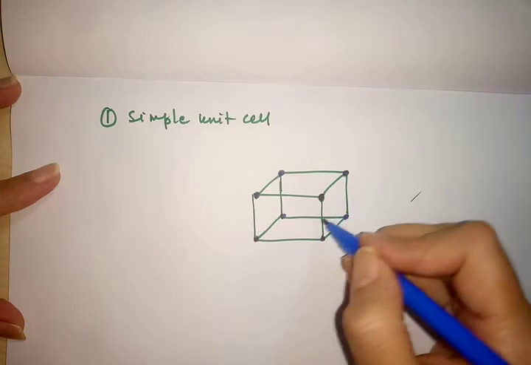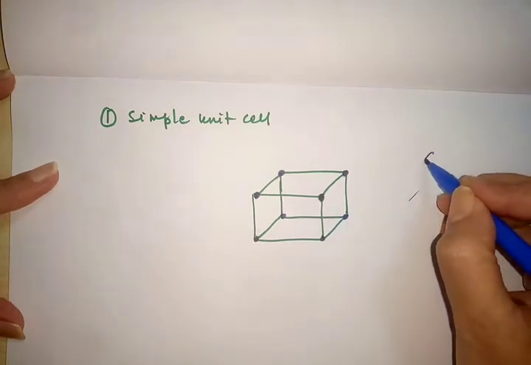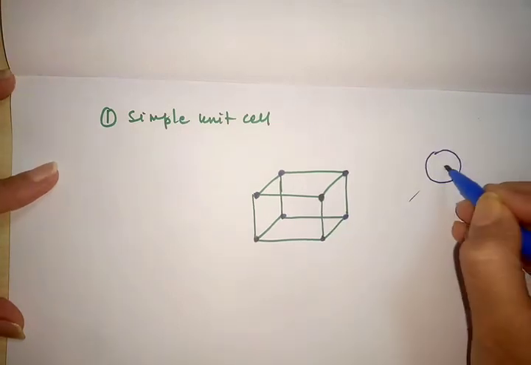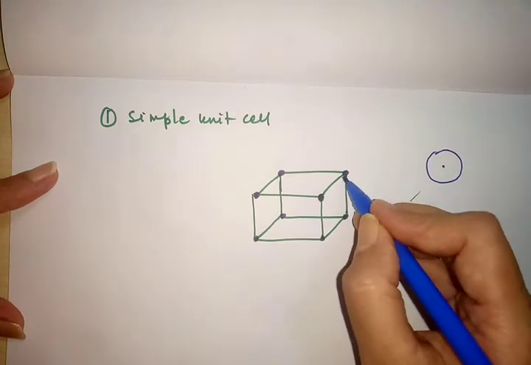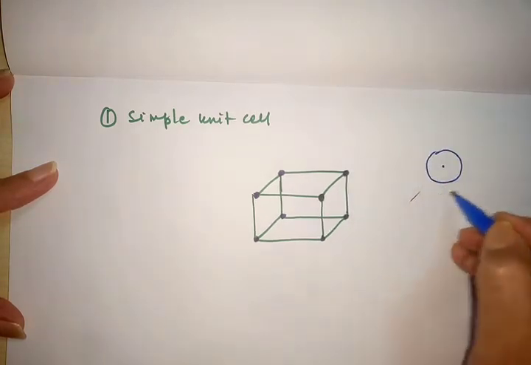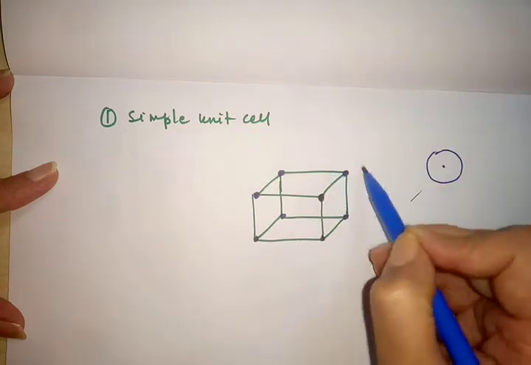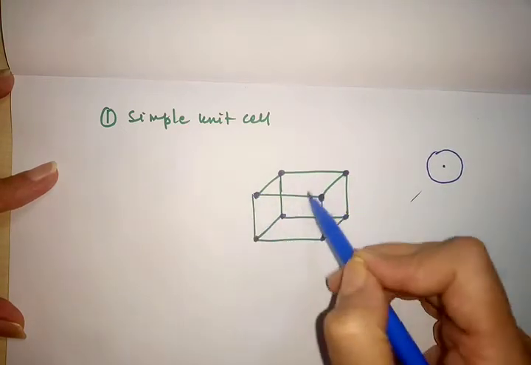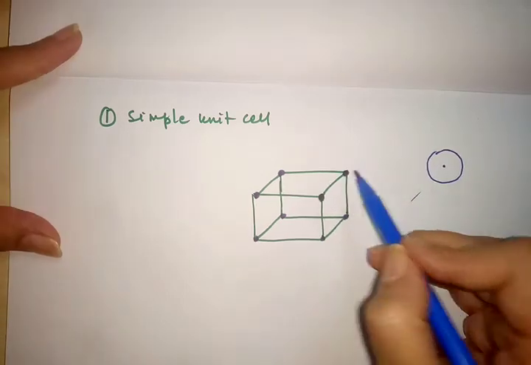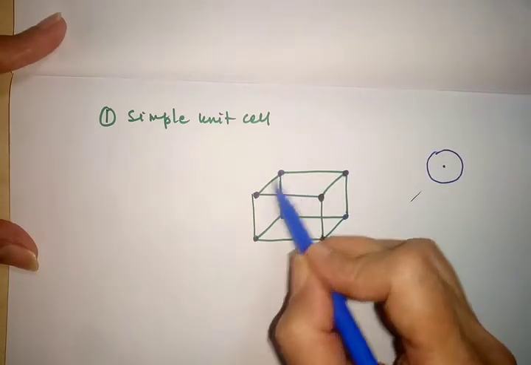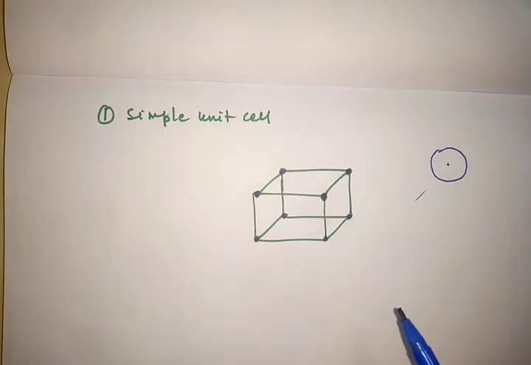All these corners you can assume as spheres like this, and we are considering the center of the sphere here. So this is the center of the sphere. You can draw such a structure also, but just for convenience, we are drawing only the center of the spheres here.